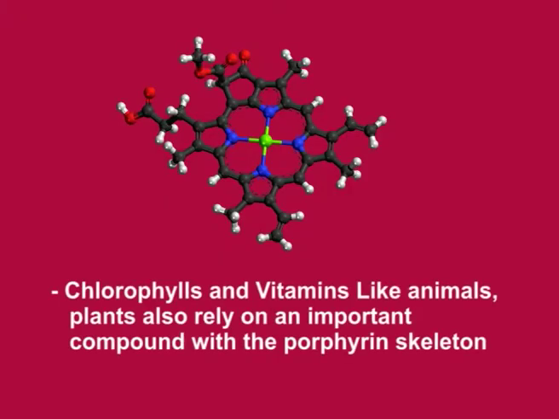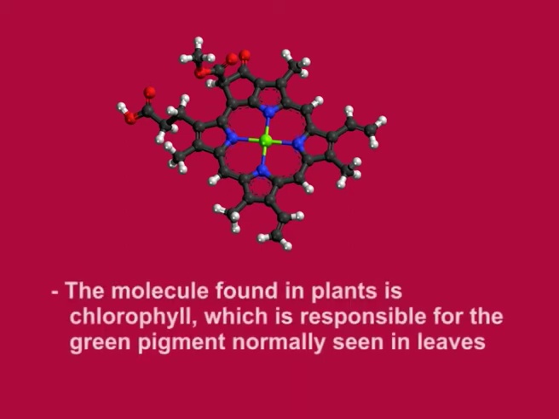Chlorophylls and vitamins. Like animals, plants also rely on an important compound with the porphyrin skeleton. The molecule found in the plants is chlorophyll, which is responsible for the green color pigment normally seen in the leaves.